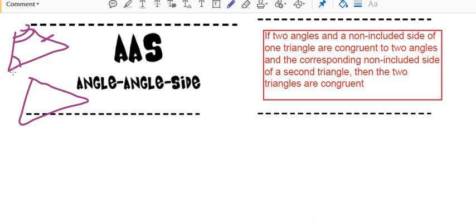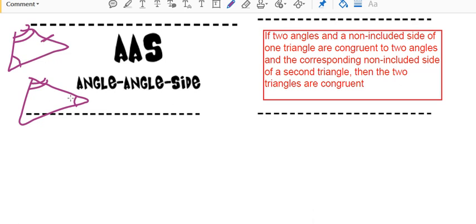So we have an angle, angle, and then we have a non-included side. So let's say here I have this angle and this angle. Now, the non-included side has to be the corresponding non-included side. So if I'm thinking about which one is the corresponding one, it is the one across from the one arc.